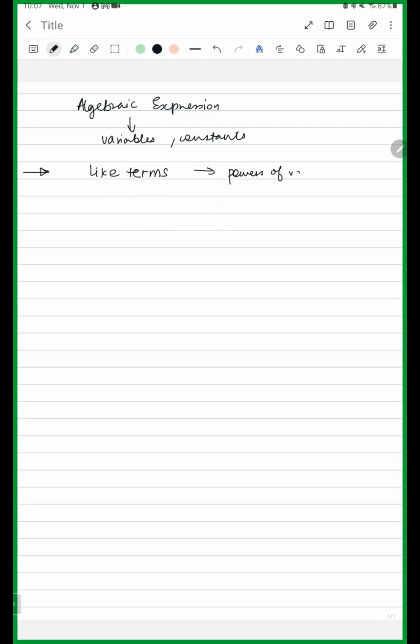For example, if you have x square y and xy square, they both have x and they both have y, but are they like terms? No, they are not. So let's come to the first exercise.